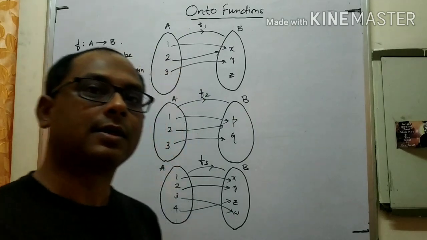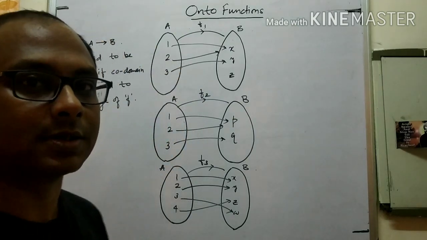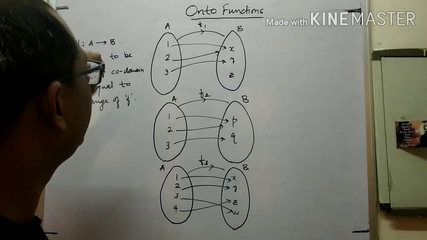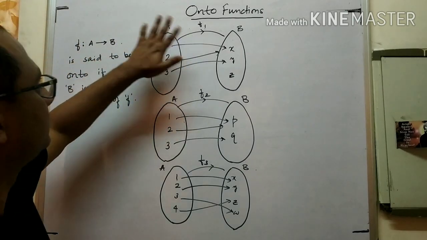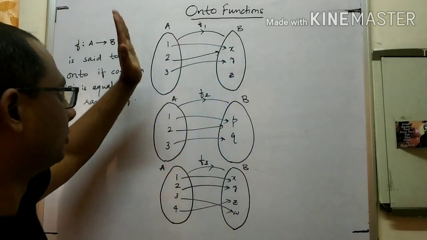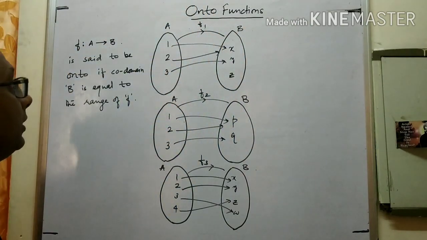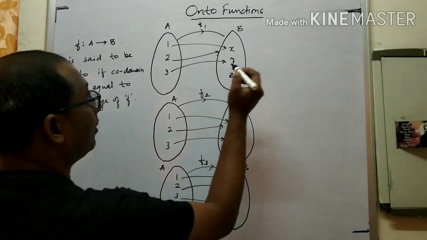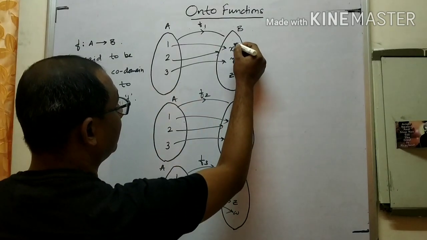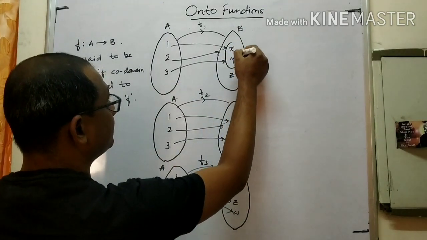Before that, let us start with what is an onto function. Any function f from A to B, domain to codomain, is said to be onto if all the members in the codomain are images.